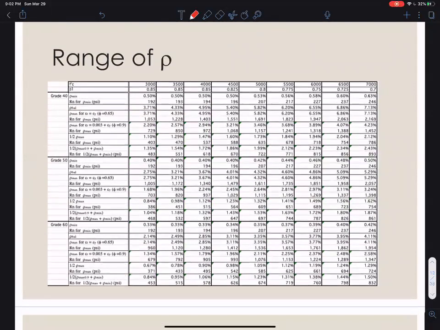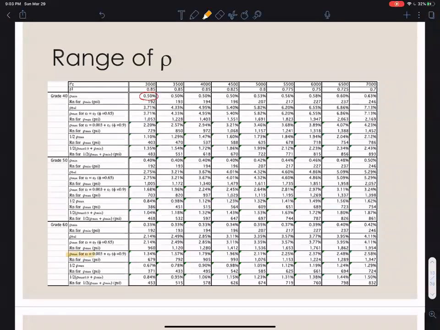And so what I've done here is calculated rho for different combinations of f'c and fy. And remember, rho min and rho max are just functions of those. So here is the lowest rho min, 0.5%, and the highest rho max for using phi of 0.9.